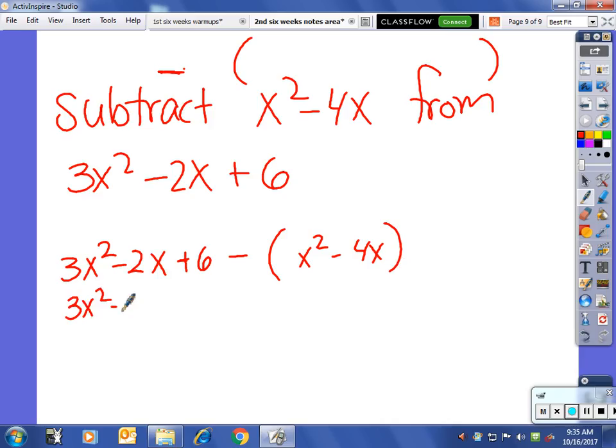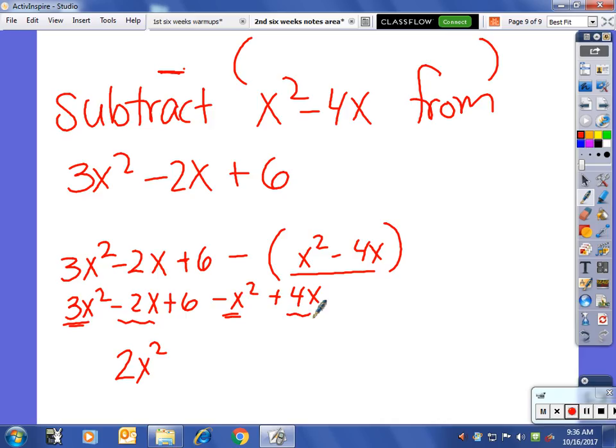So now 3x squared minus 2x plus 6 doesn't change yet. But what happens to everything that was being subtracted? It changes signs. It becomes a minus x squared and then a plus 4x. And then you look for like terms and add them up. A 3x squared and a negative x squared make 2x squared.